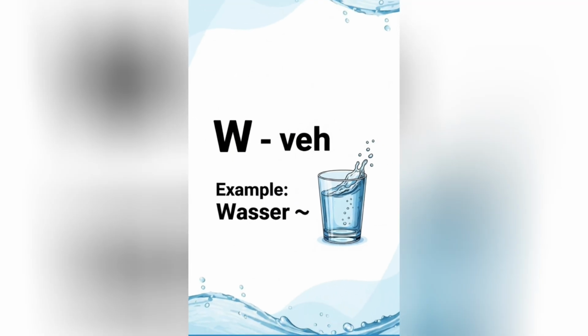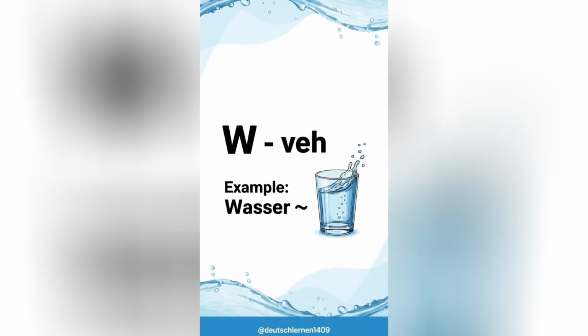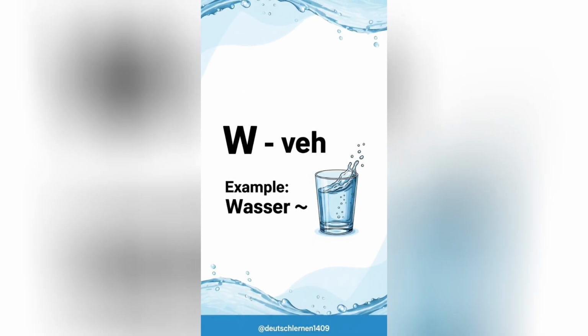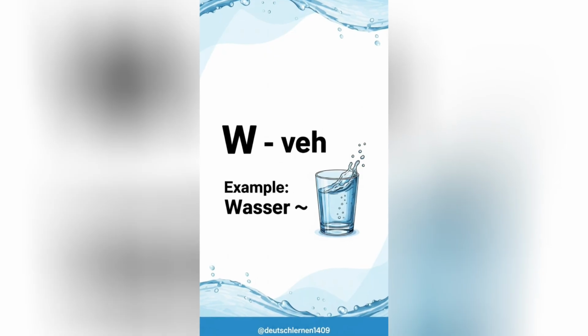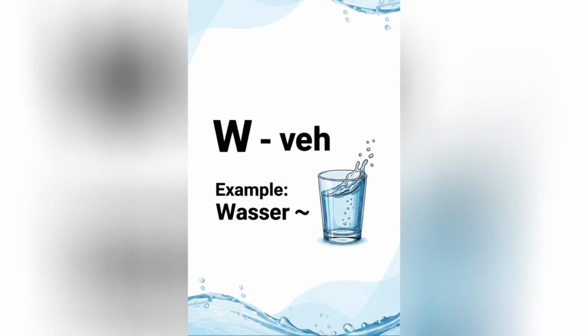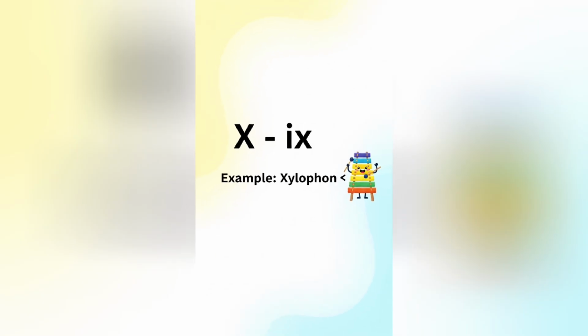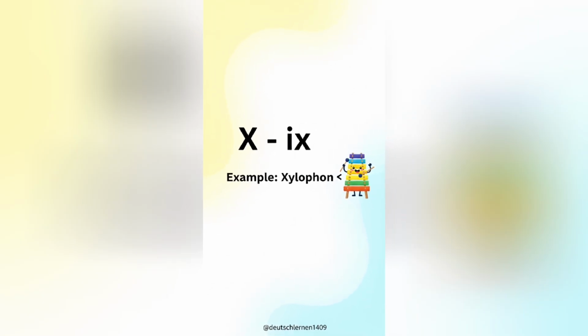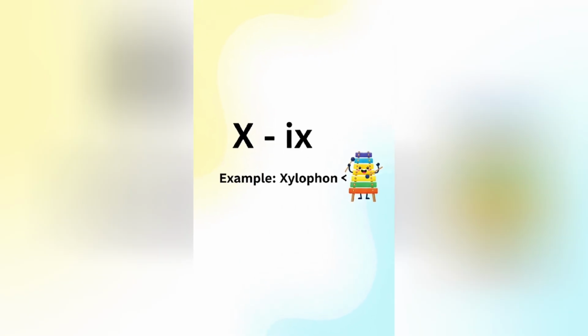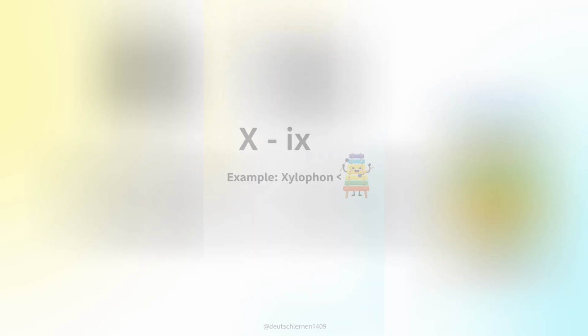In German, W is pronounced as V. It sounds like V in English. For example, Wasser, that means water. The letter X is pronounced as X. It is used very rarely, but for example, Xylophon, that means xylophone.